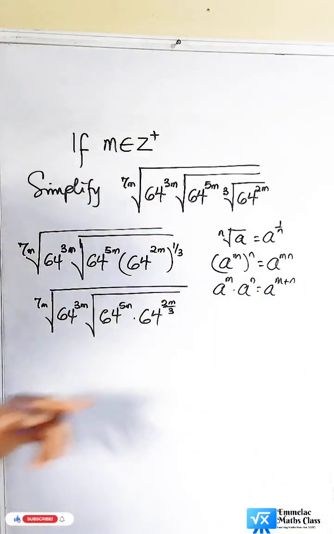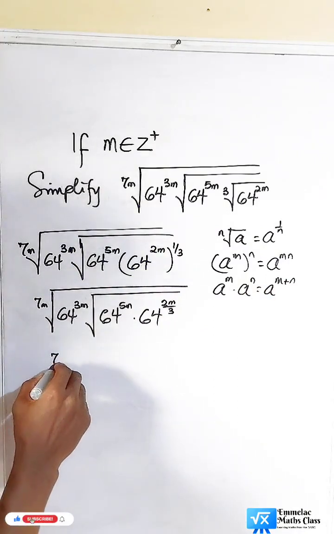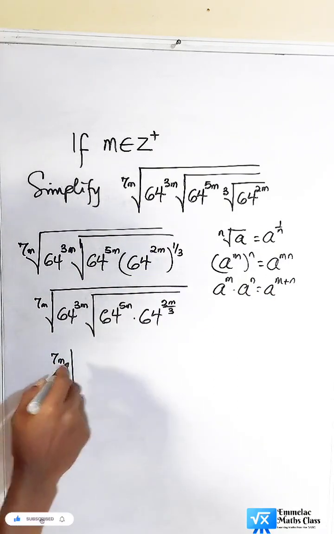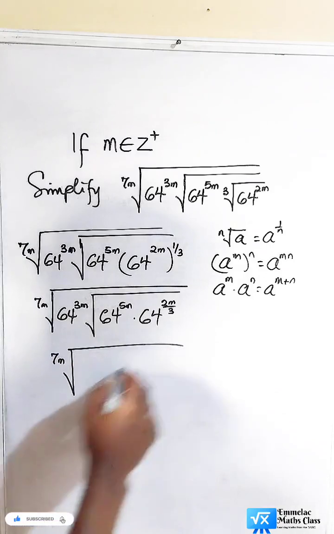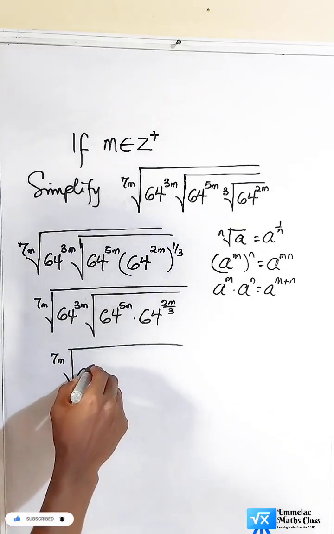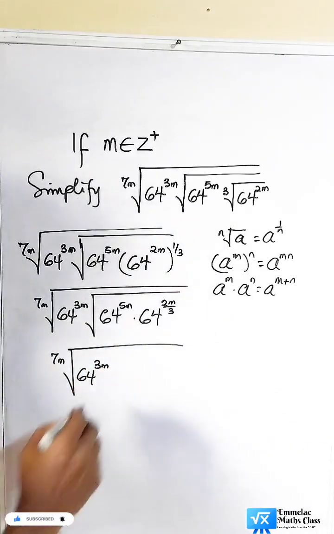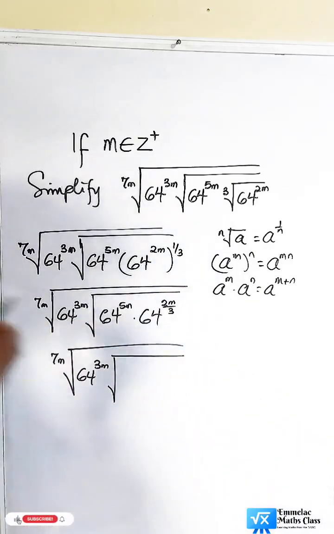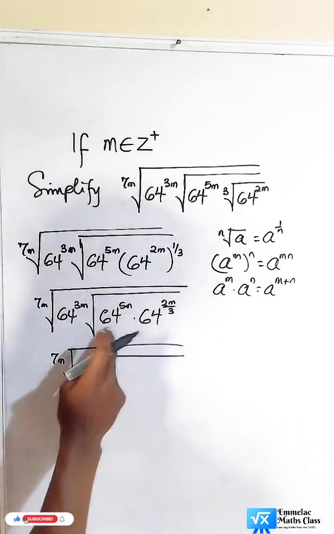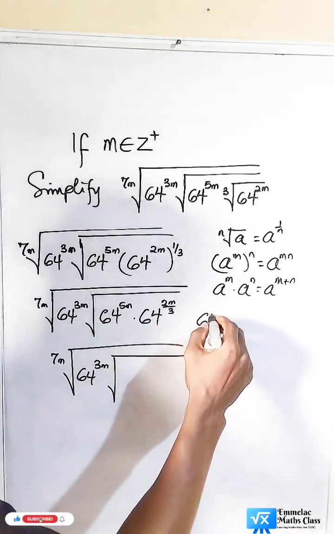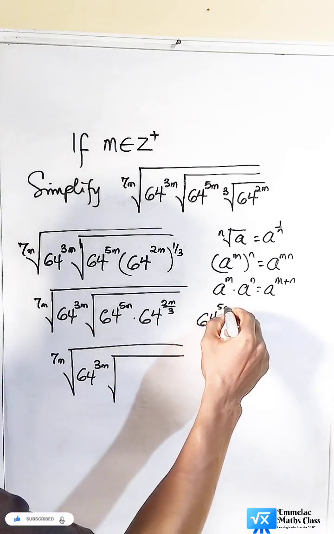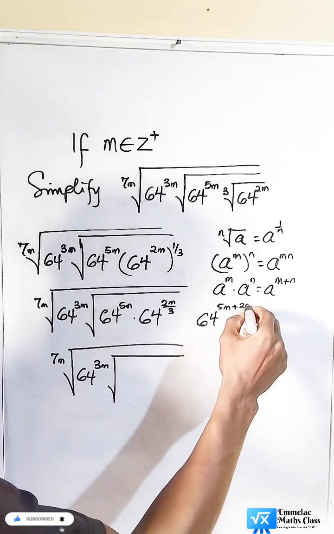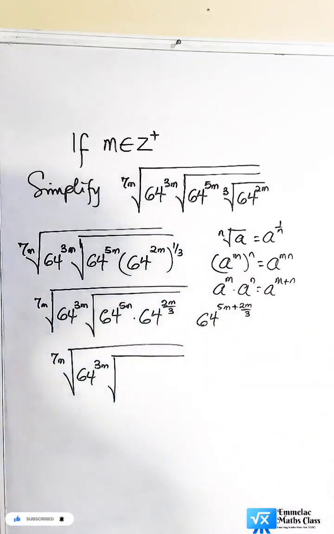Okay, applying that rule here, you have the 7m root of 64 raised to the power of 3m, then the square root of, applying this here, it implies that we just need to add, which means 64 raised to the power of 5m plus 2m all over 3.